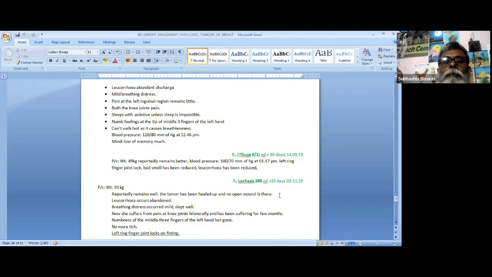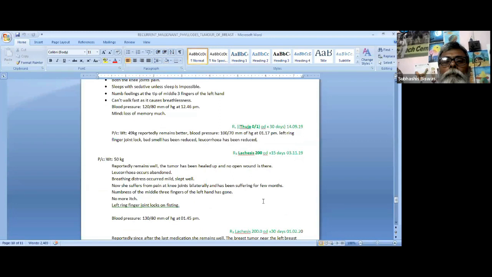Now, on 3rd November 2009, she didn't come. Now, 3rd November she came to me, and then I again gave her Lachesis 200, and at that time she was talking like anything.